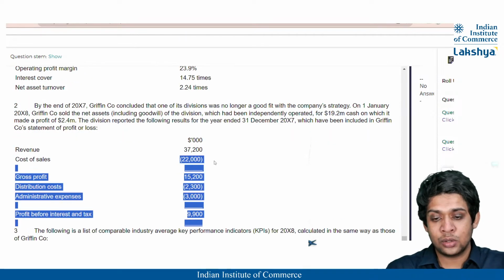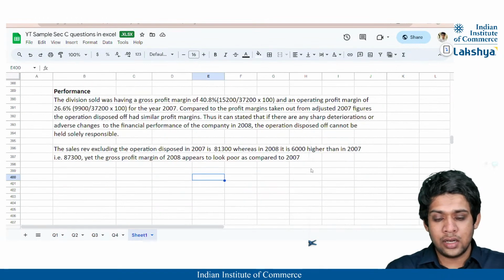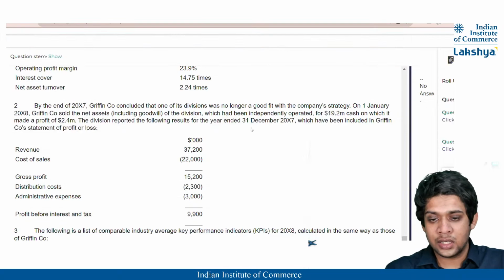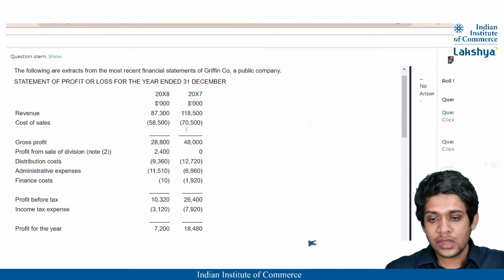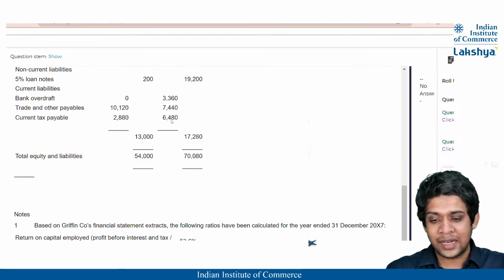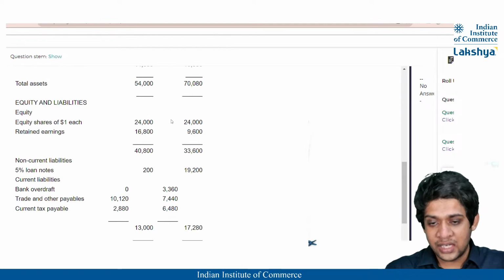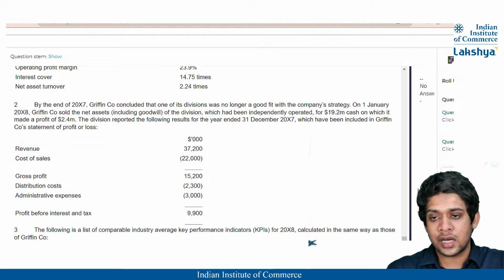So you will reduce 22,000 worth of cost of sales. So what is the adjusted cost of sales? Cost of sales is 70,500 minus the cost of sales of 22,000, right?